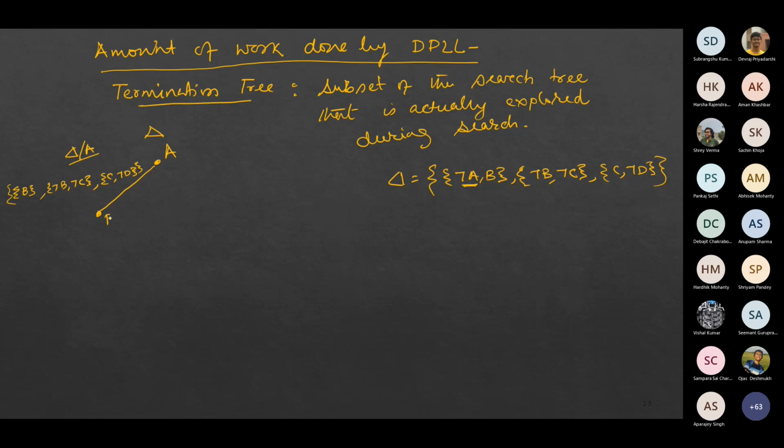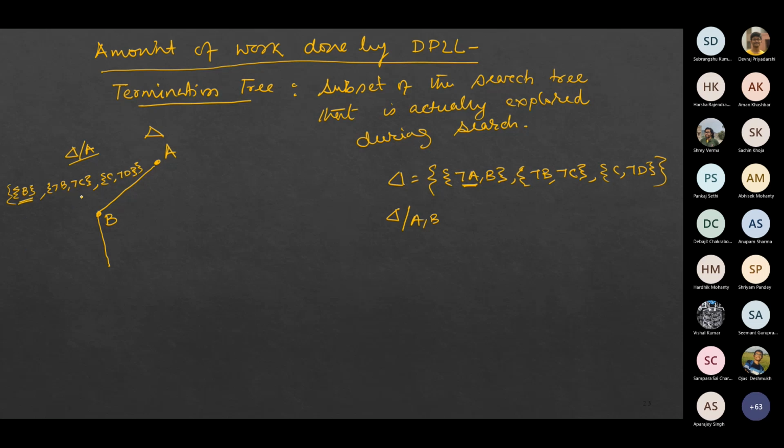Now we'll be exploring or expanding B. As we expand B, we do a conditioning that is delta AB, right? Now, as we do delta AB, what is the output we'll be getting? So you can really tell.